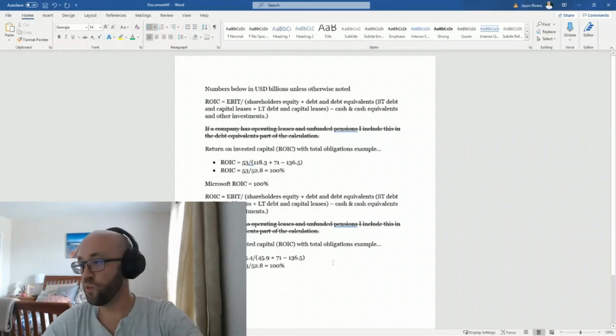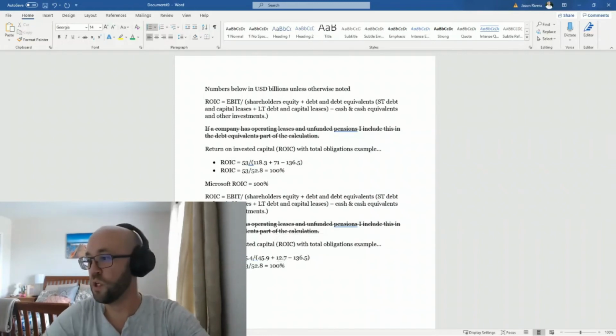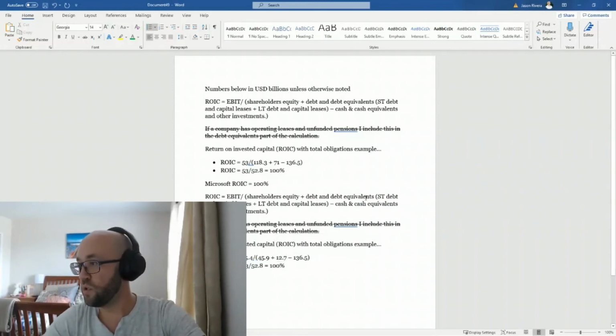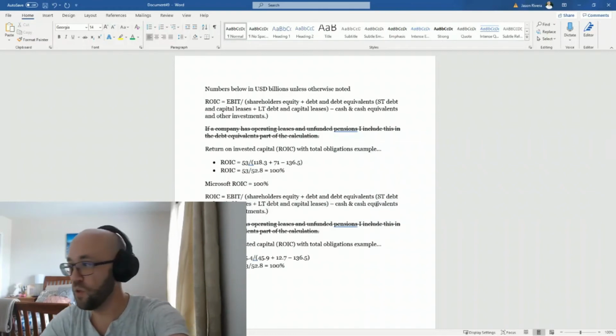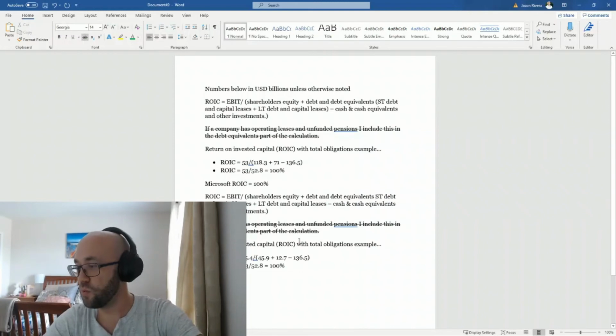Current, they have 12.7 in short-term debt. I'll still leave that there. I will just take those out though, so I know that they weren't multiplied or added together.